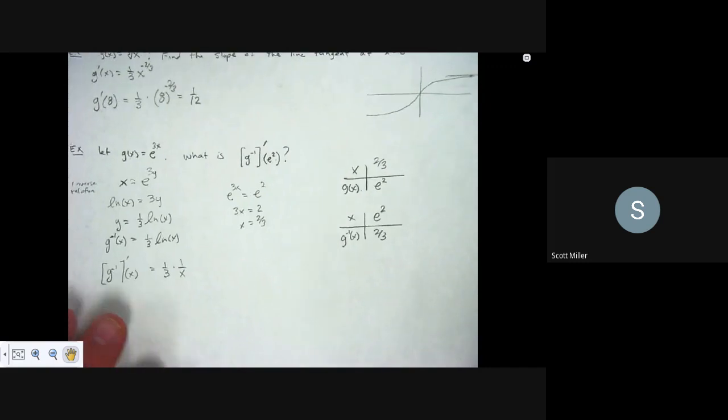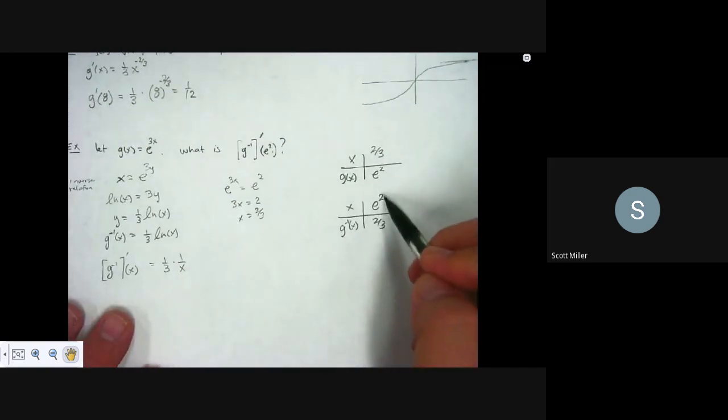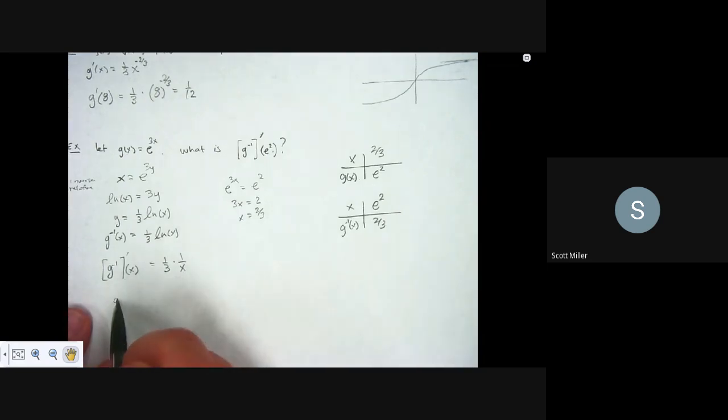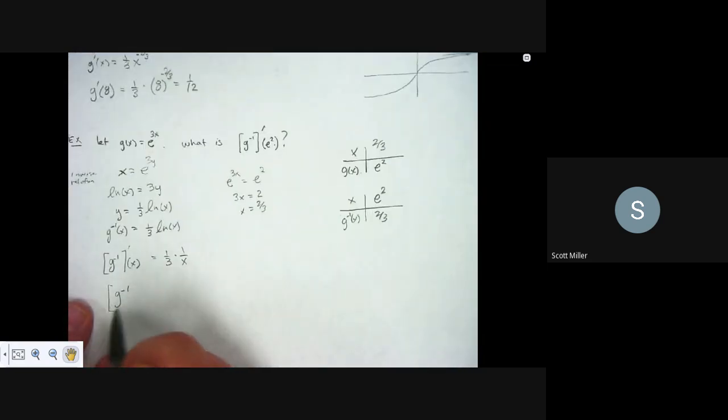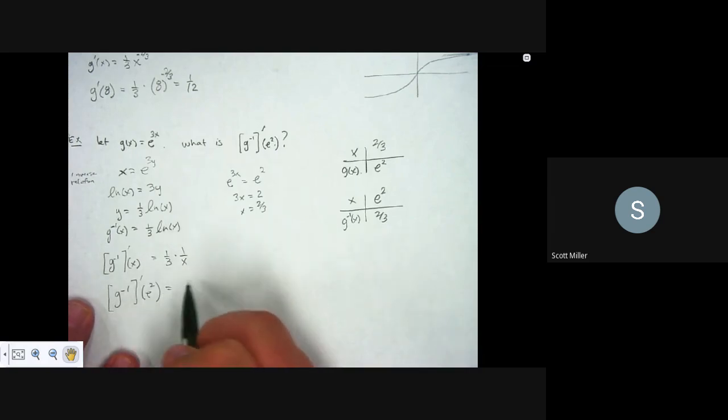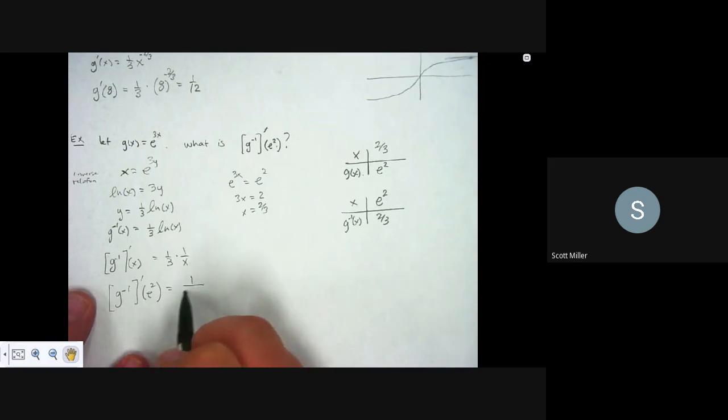Okay? I just invert it because they're inverses. So that means now I can come over here and figure out, make sure you can see what I'm doing, the derivative at e squared, and that's going to give me 1/3 e squared. And that is my answer.